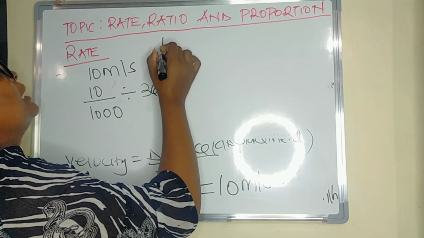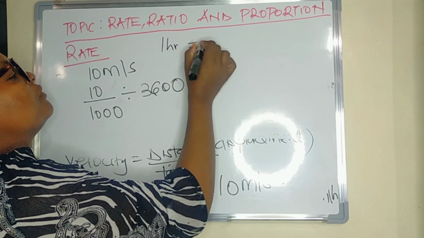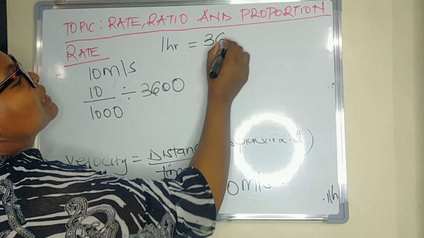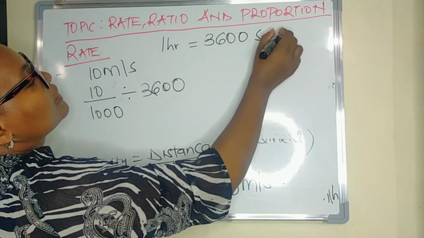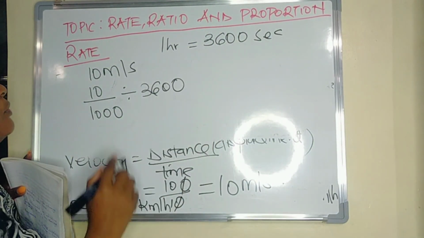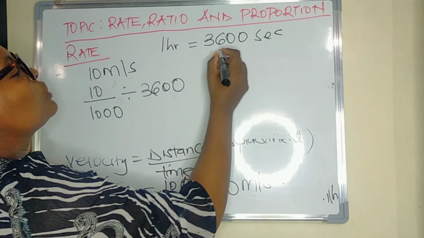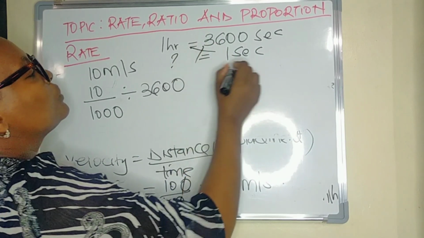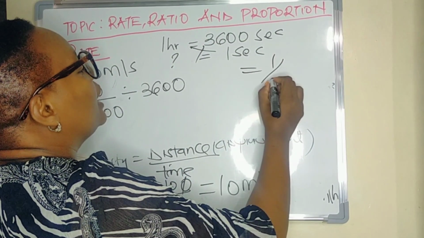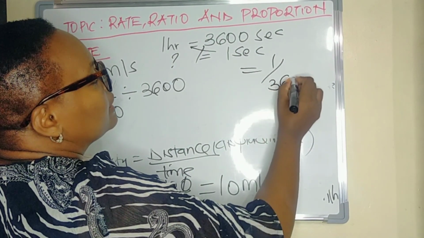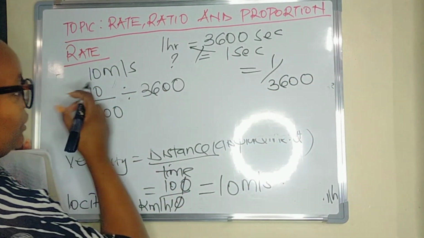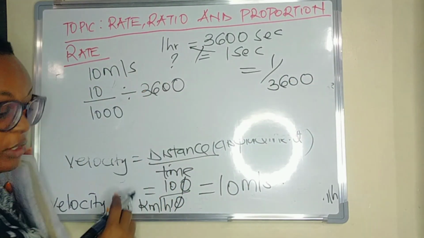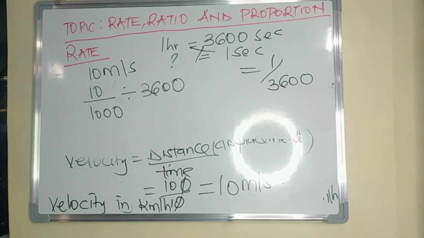No. 1 hour is equivalent to 3600 seconds. So this is 1 second. So 1 second is equivalent to how many hours? So it's going to be 1 over 3600. So these seconds are 1 over 3600.